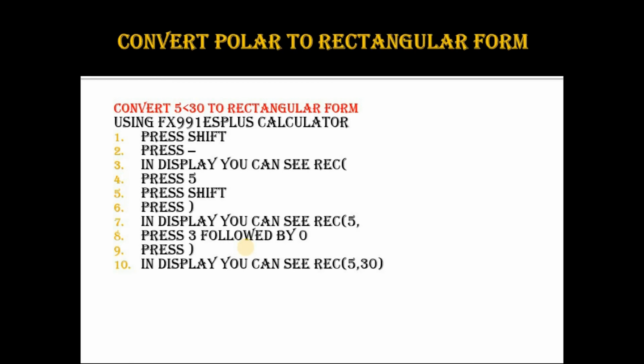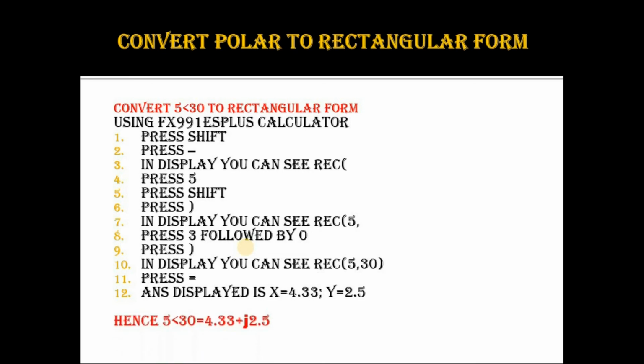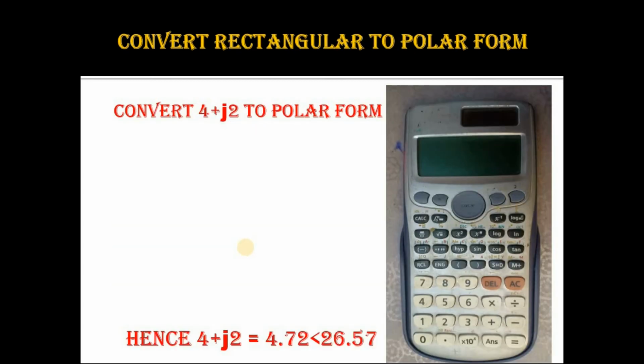So in display you can see rectangular of 5 comma 30. Now press equal to. What's in display? Answer is displayed. X equal to 4.33, Y equal to 2.5. So rectangular form of 5 angle 30 is 4.33 plus J 2.5. You got it? Okay.